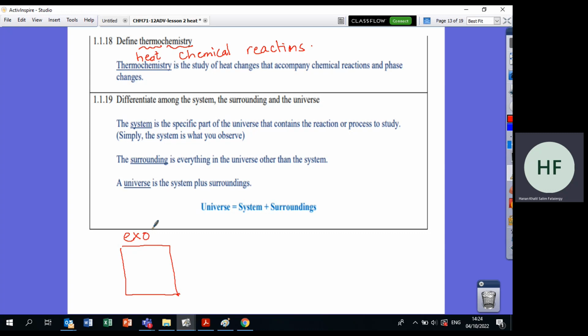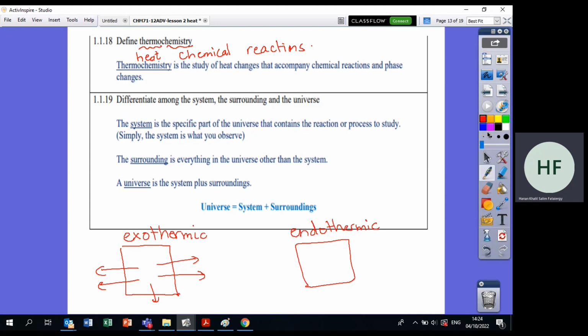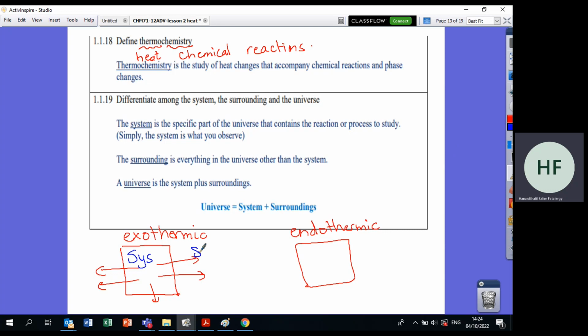So when I say exothermic, and this is endothermic. In exothermic, heat is released. So whenever it is released, we say this is the system and outside is the surrounding. The reaction is the system and what is around it is the surrounding. Okay.